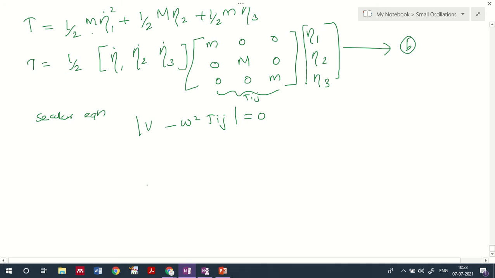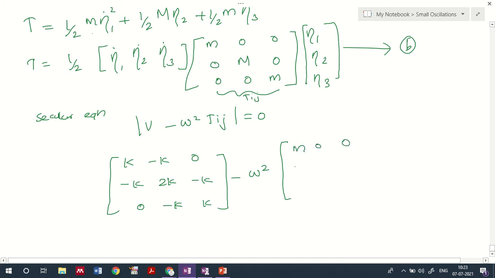First we'll write the matrix corresponding to V, the potential representation, which is k, minus k, 0, minus k, 2k, minus k, 0, minus k, k, and minus omega square into the matrix m 0 0, 0 capital M 0, 0 0 small m, which is equal to 0.